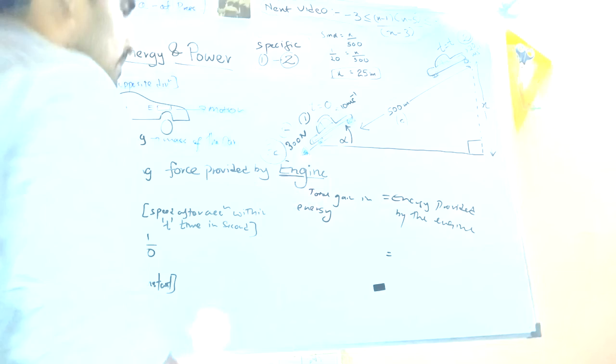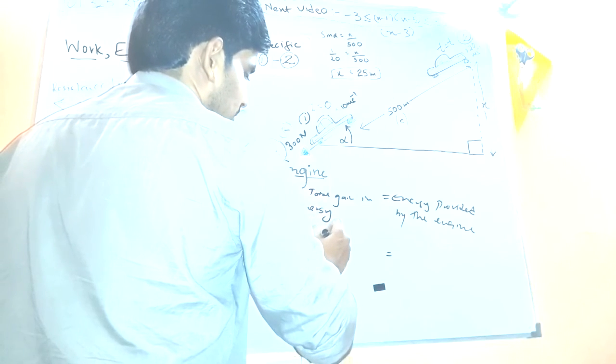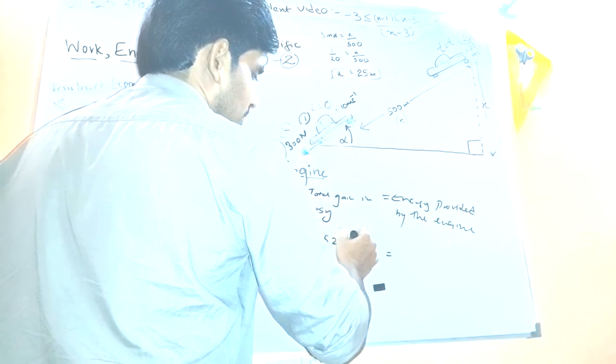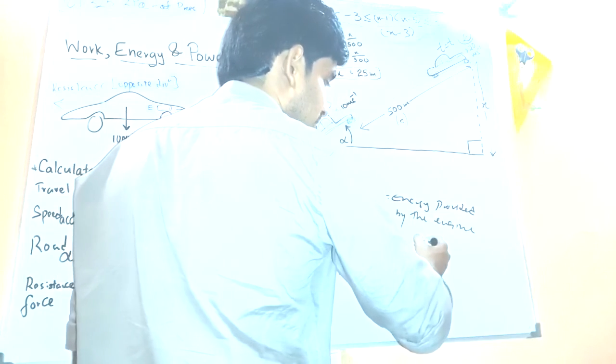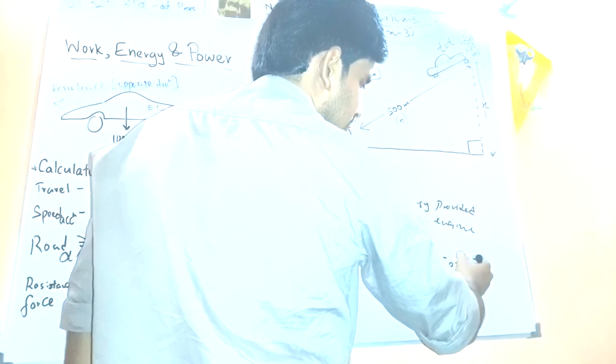So what is the total gain in energy? 545,250 joules. So what is the energy provided by the engine? That is driving force. Energy equals driving force Fd multiplied by that particular distance that it travels. So that distance is d, which is 500 meters, right?